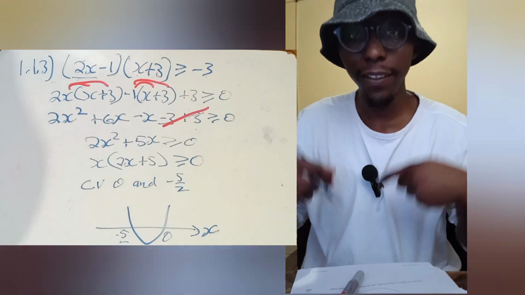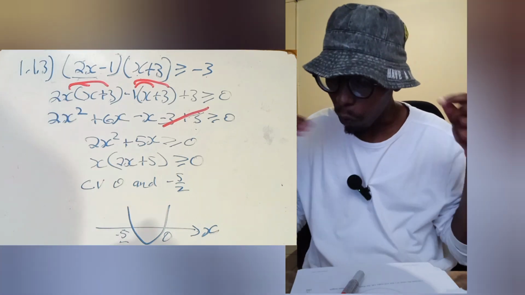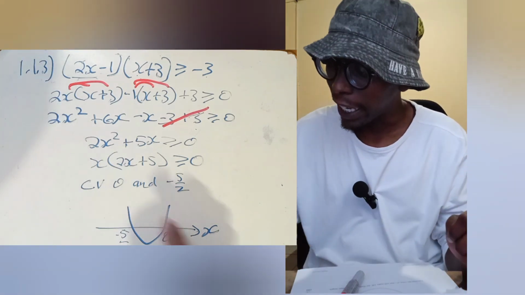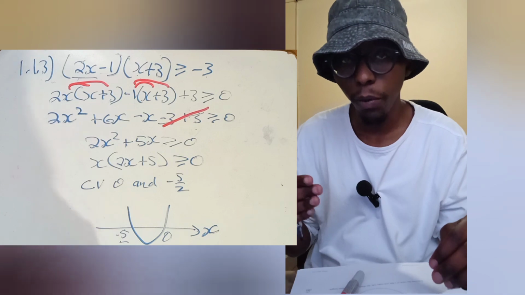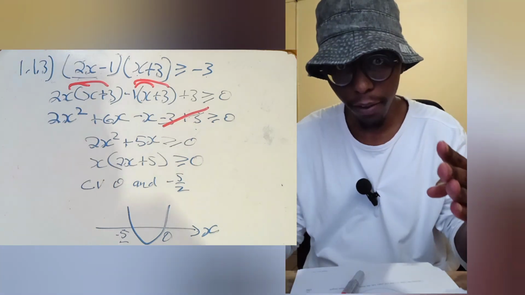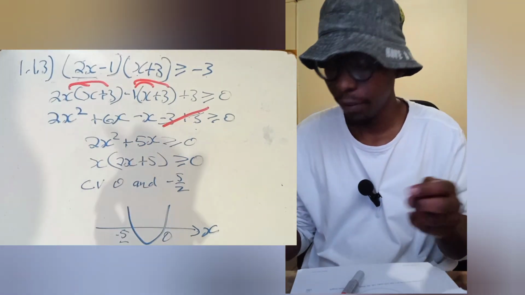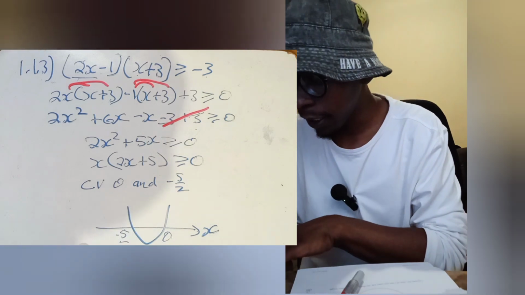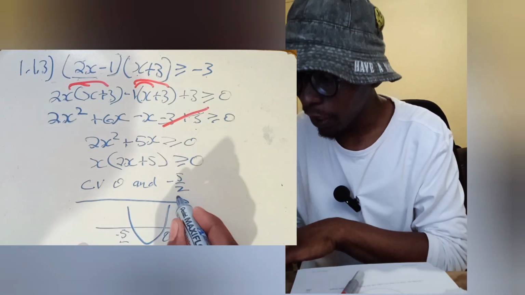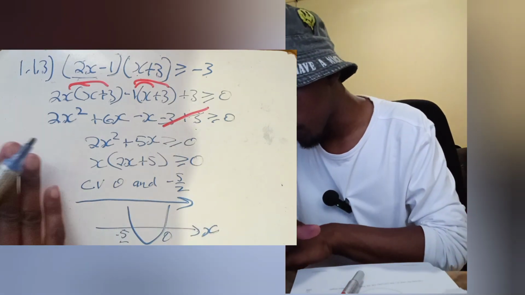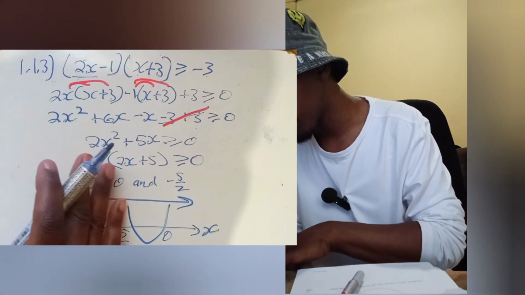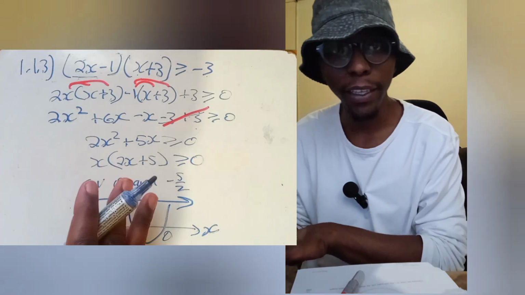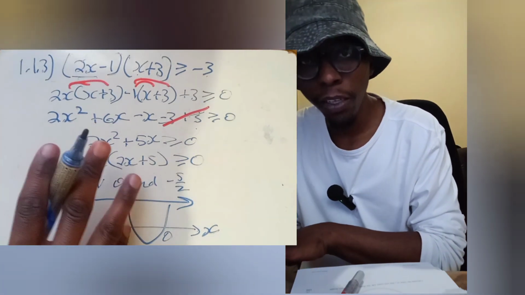So now this inequality, they are saying, where is your graph greater or equal to 0? Meaning, where is your graph above the x-axis? So obviously, I read my graph going that way. So we are above. Then it touches exactly on the x-axis.